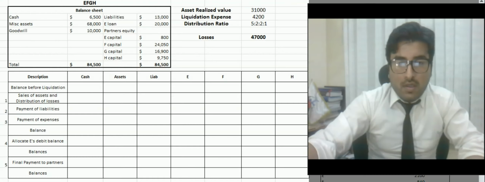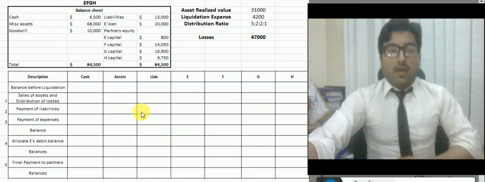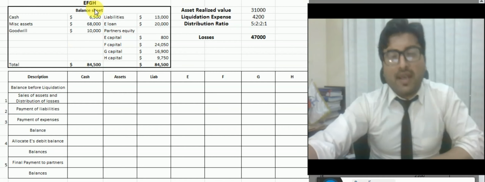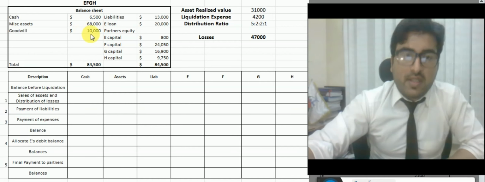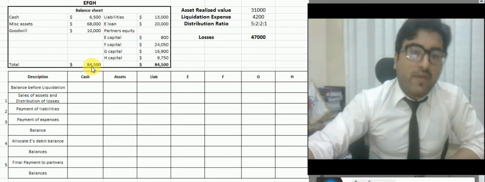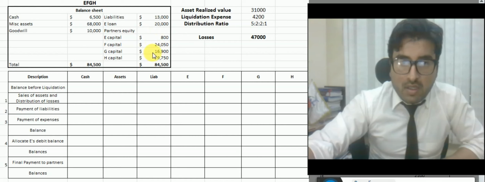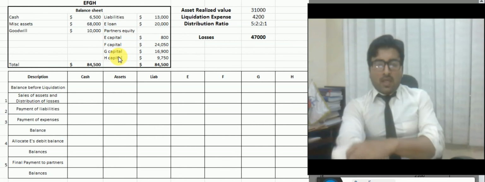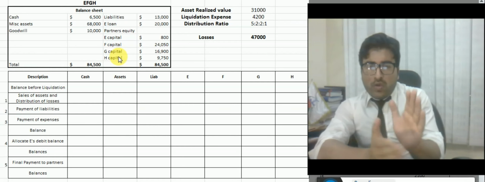Dear students, here we have a balance sheet of partners E, F, G, and H. On the left side we have cash, miscellaneous assets, and goodwill, with total assets of 84,500. On the right side we have claims: liabilities, E loan, and E capital, F capital, G capital, and H capital. These are the partners.